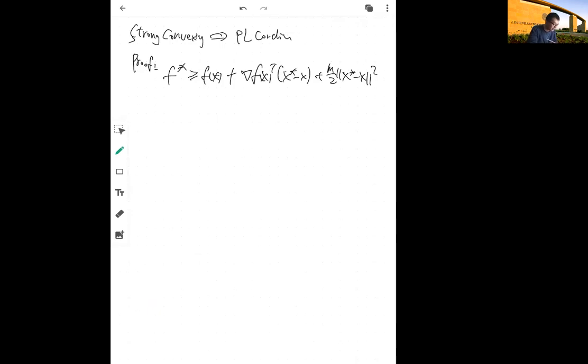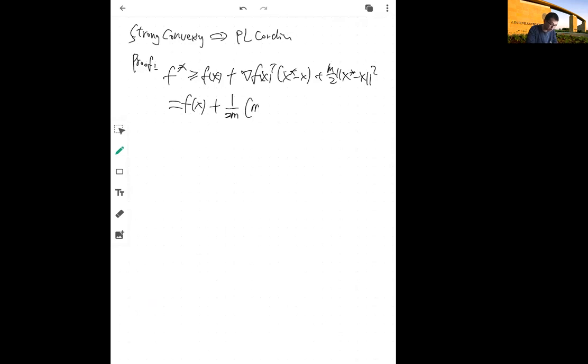So now let's do the trick of completing the square that we've used before in our proof of gradient descent when applying convexity. So now we're applying strong convexity, right?